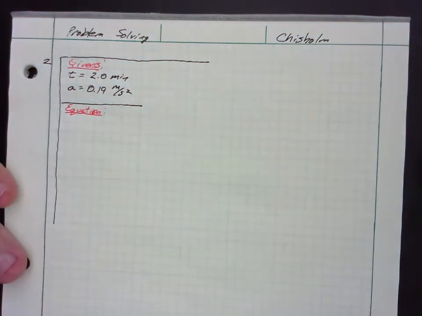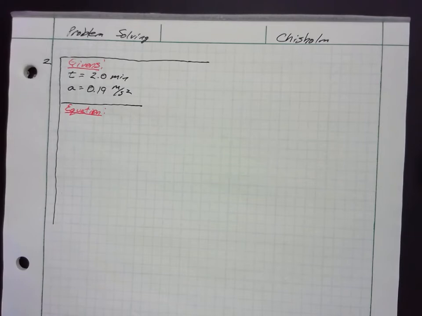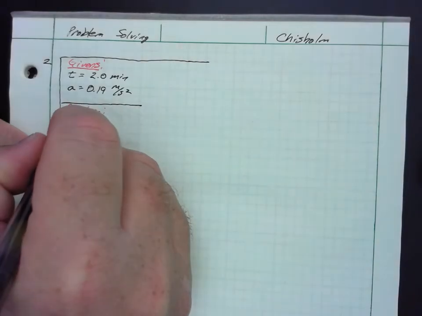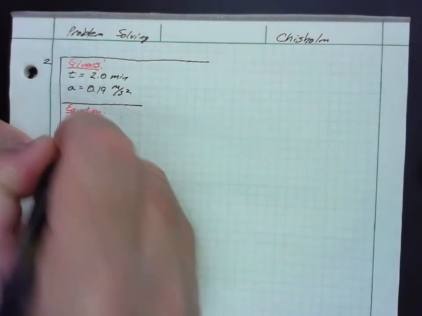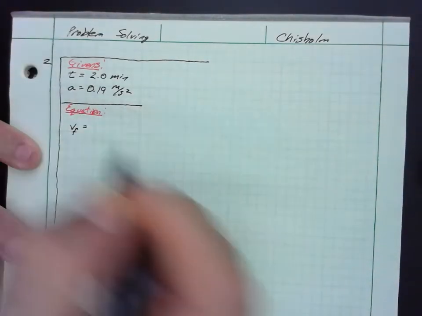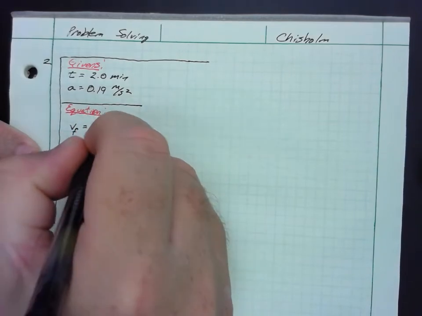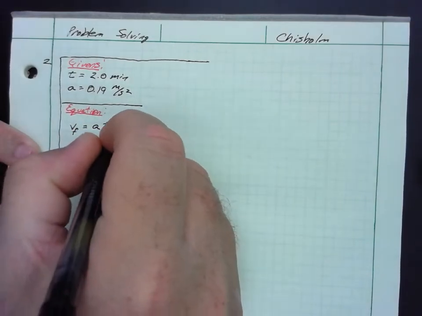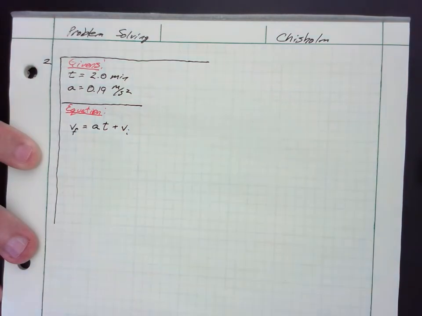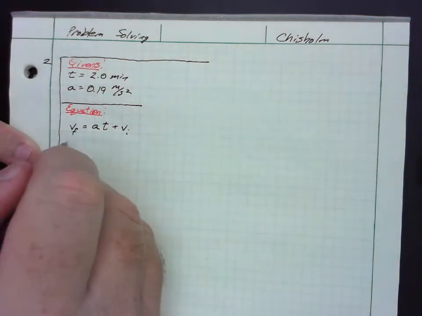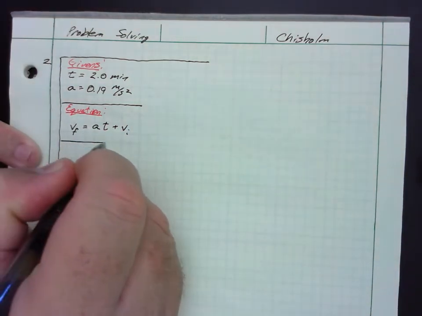You're going to put the final equation that you're going to use to solve the problem here. In this case, it was asking for final velocity. Velocity final is going to be acceleration times time plus the initial velocity. And then we're going to close this particular box.